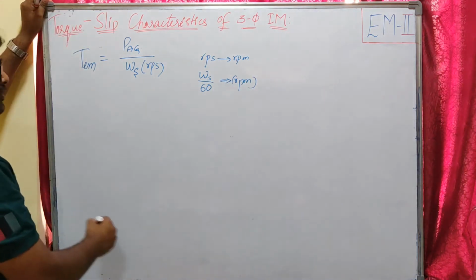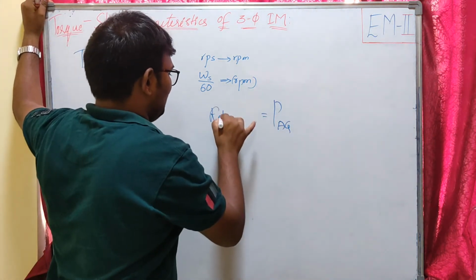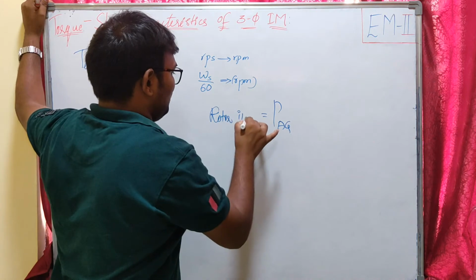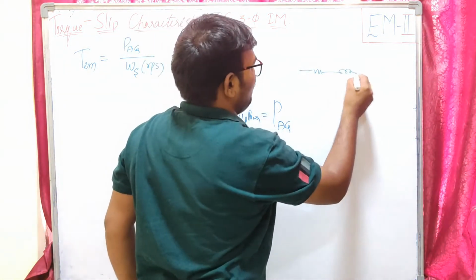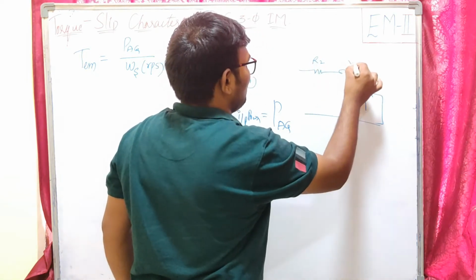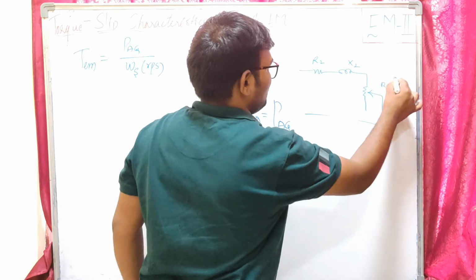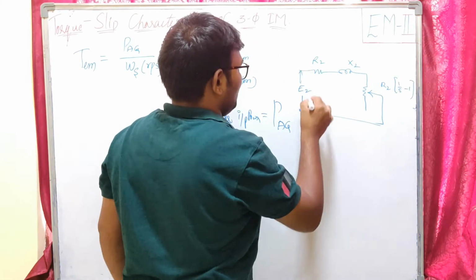And you know our air gap power, which is nothing but rotor input power. I am writing the equivalent circuit of the rotor of our 3-phase induction motor. Here you can see R2, X2, and R2 times (1/s minus 1). This is my E2 and this is my I2.